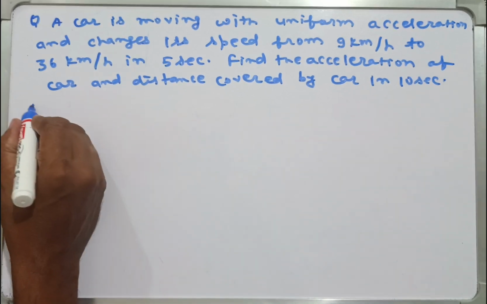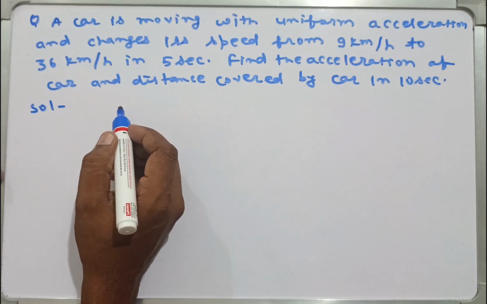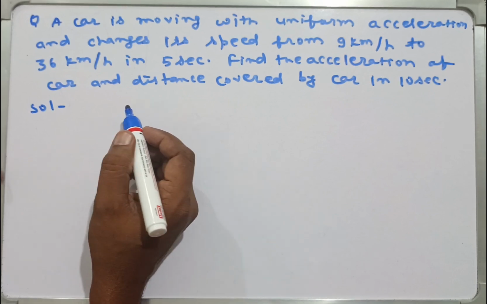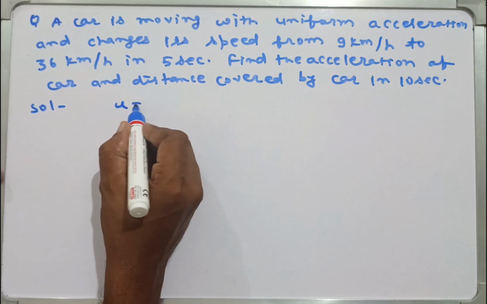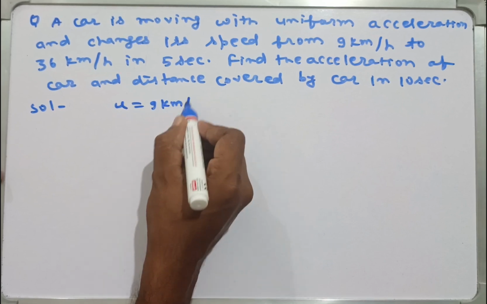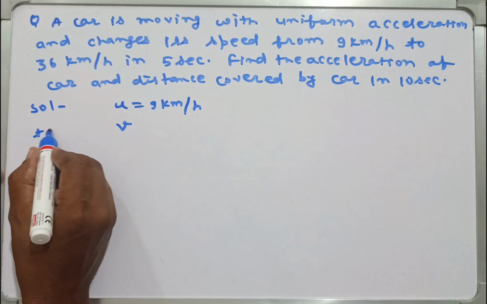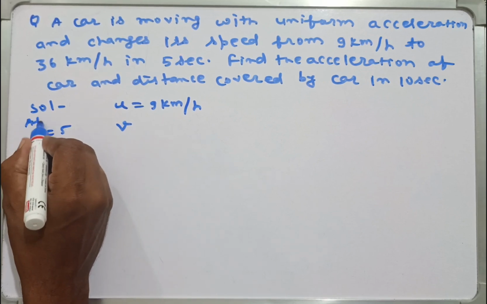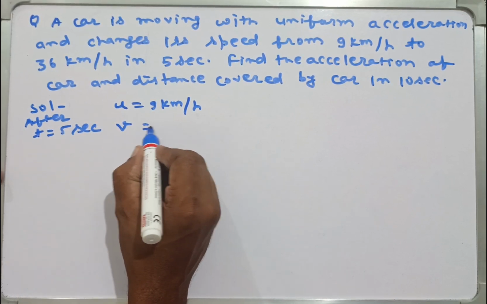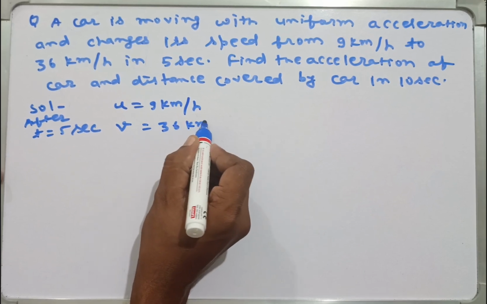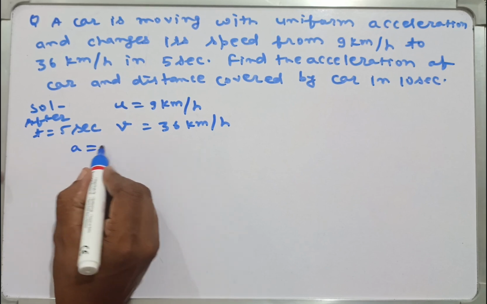Okay guys, solution here. What information is given here, first we see. Initial speed is 9 kilometer per hour, and after time t equal to 5 second, its speed is equal to 36 kilometer per hour. Then what shall be its acceleration?